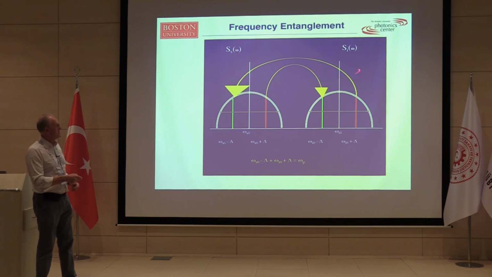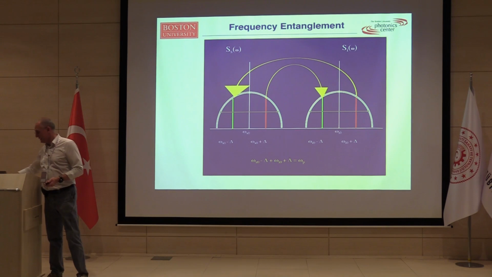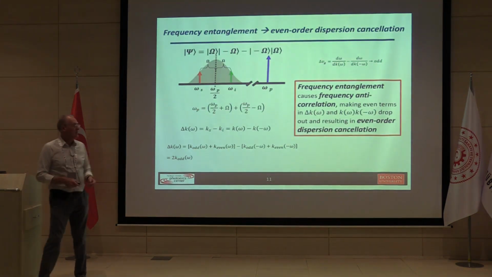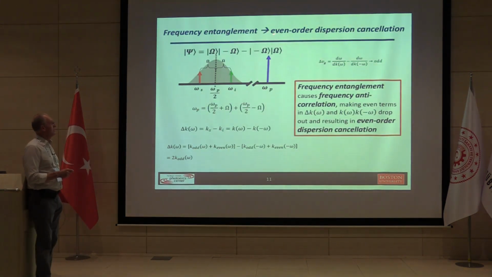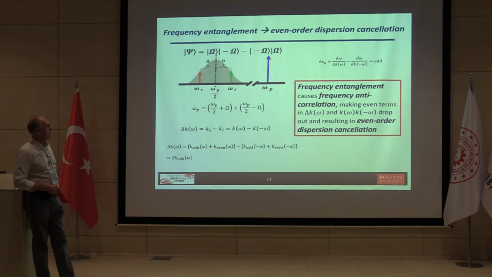So this frequency entanglement leads to an interesting situation that is called even order dispersion cancellation. So you see omega minus or plus here, minus plus. So omega minus, omega plus, relative to the center of the wave packet.